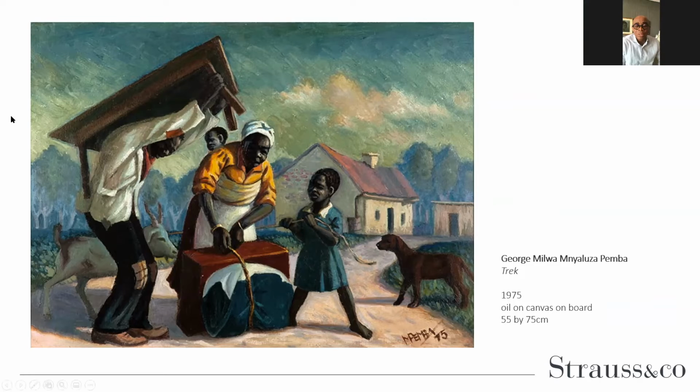I think what's quite interesting now is the fact that a lot of collectors are looking at collecting from a continental point of view, sometimes even from a global point of view. There is that trend. So, you see South African collectors who are quite familiar with works from Uganda or from Nigeria or Ghana and vice versa.